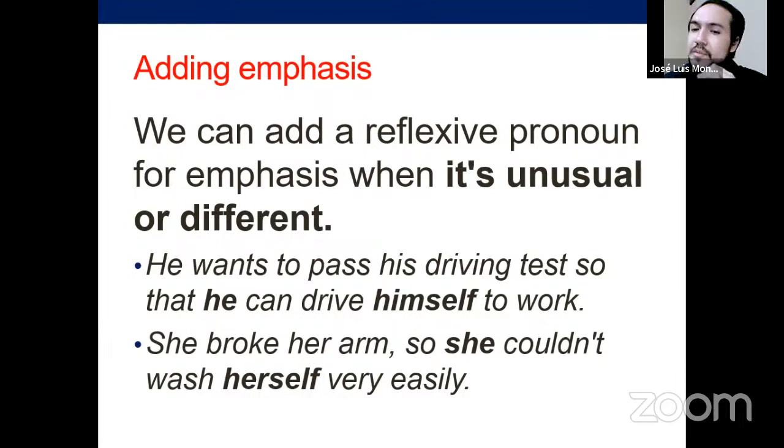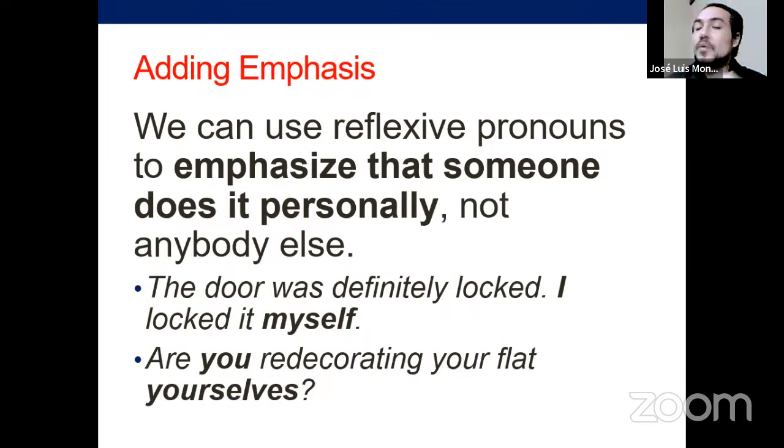So, what example can you give me in this case? What is something that you or someone else did, perhaps, that is uncommon, different, unusual, so that you can use the reflexive pronoun? What do you say? Or only that it means personally? You can also use that meaning.